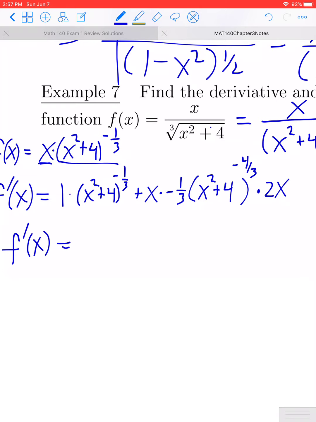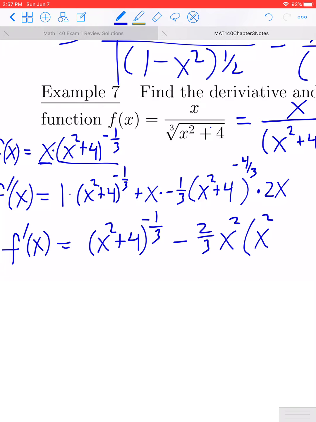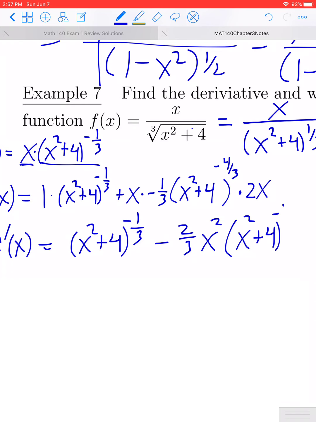So right now, this is what we have. We have x squared plus 4 to the negative 1/3. We have an x times negative 1/3 times 2x. That will give us a negative 2/3 x squared. And this is going to be times x squared plus 4 to the negative 4/3.